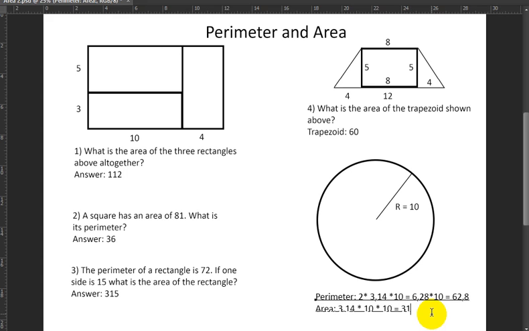It's going to give me 31.4. Times 10, and this is going to give me 314. So that's the perimeter, and that's the area of this circle.